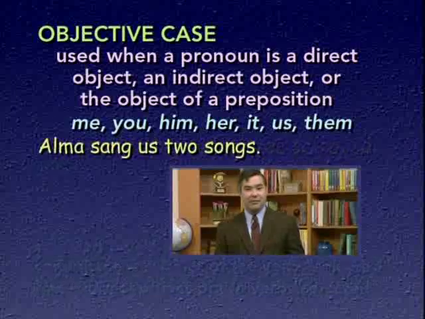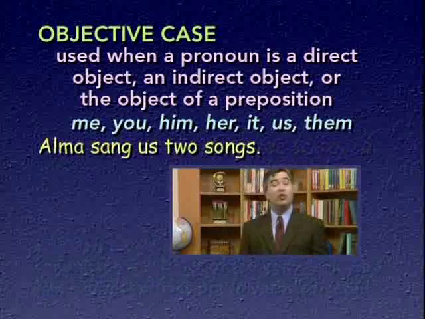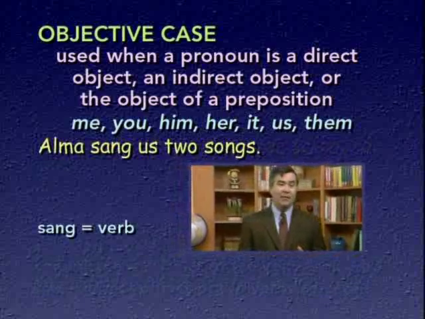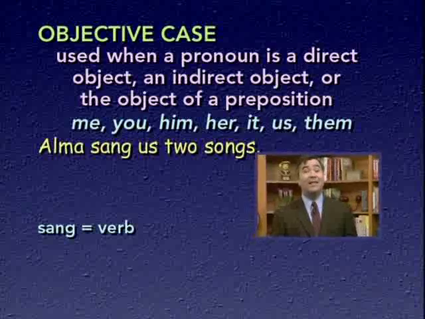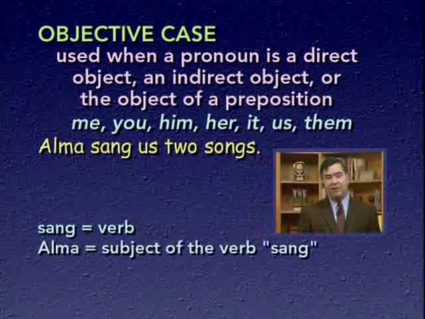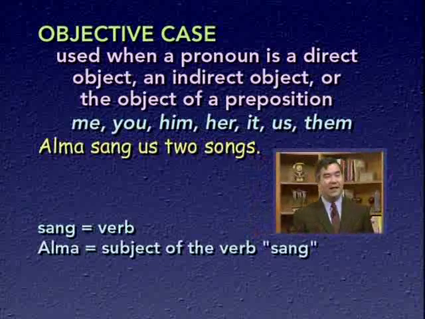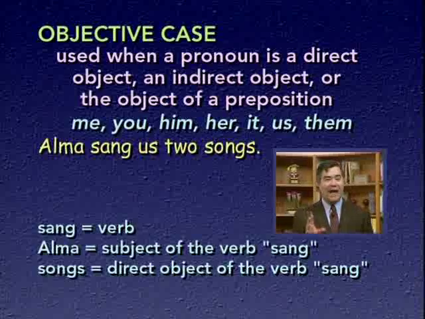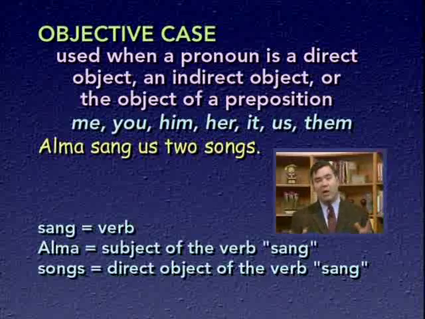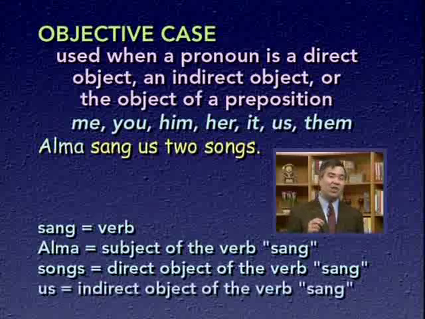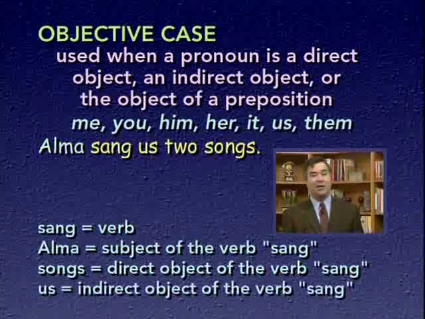Look at this example. Alma sang us 2 songs. What's the verb in this sentence? The verb is sang. What's the subject of the verb? Who or what did the singing? Alma. Now, what's the direct object of the verb? That is, what did Alma sing? She sang 2 songs. So songs is the direct object of the verb sang. Now, what about the pronoun us? What role, what function does us play in this sentence? In this case, us is the indirect object of the verb sang.